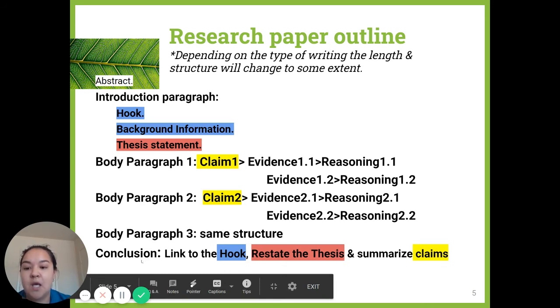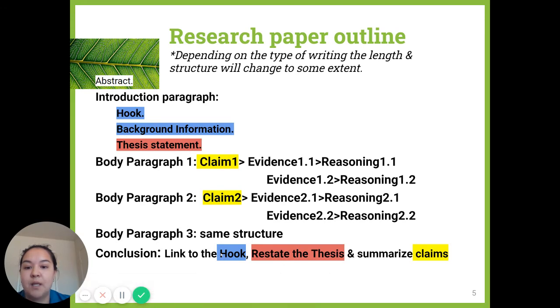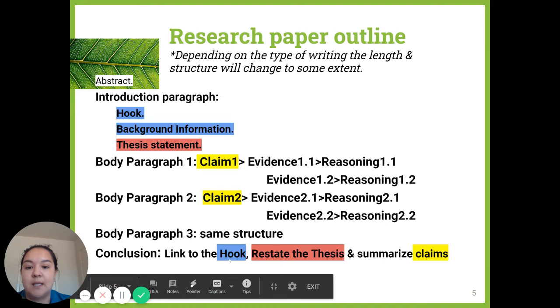Your conclusion paragraph would include the following sentences. You would have 1 sentence to link your ideas to the hook. So you're just summarizing. Notice how I have the same types of highlights at the beginning and at the end.